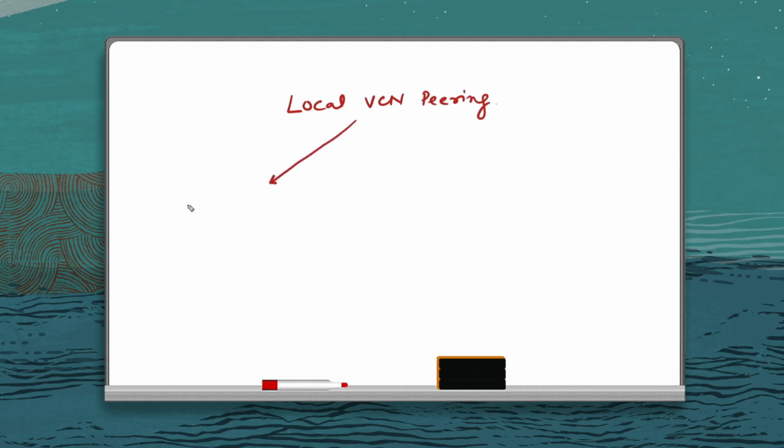The first type is local VCN peering using LPG, the gateway that I talked about previously, so local peering gateway. So this is the first type: how we can configure local VCN peering using local peering gateway.